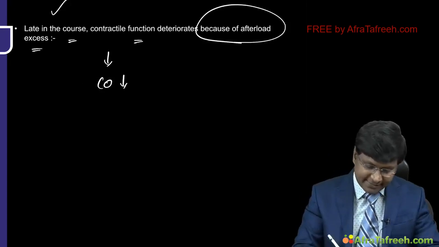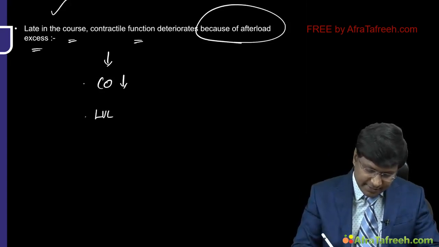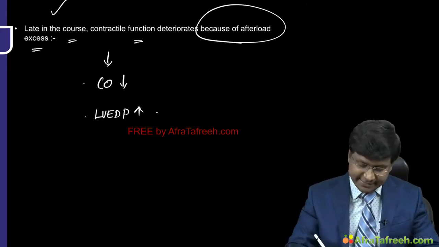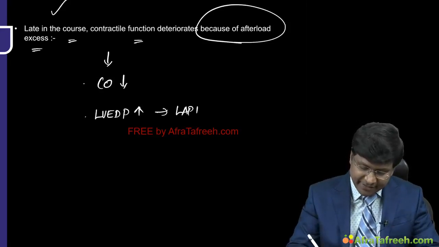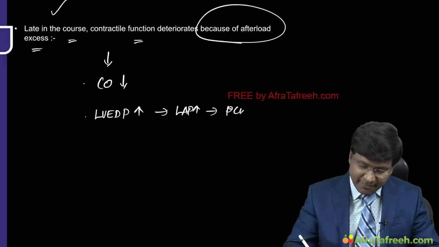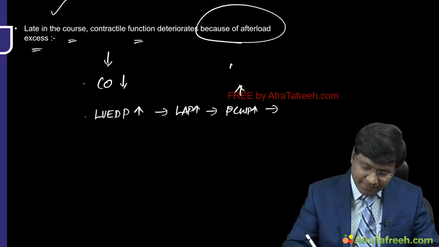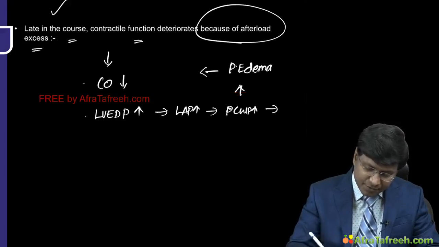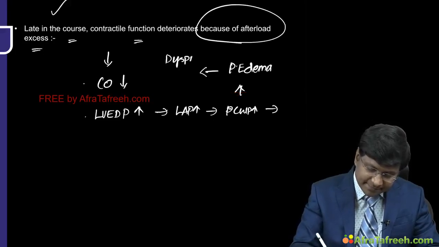Then LV end diastolic pressure increases. Then left atrial pressure increases. Then pulmonary capillary wedge pressure increases, and that can cause pulmonary edema. And because of this pulmonary edema, the patient will have dyspnea.